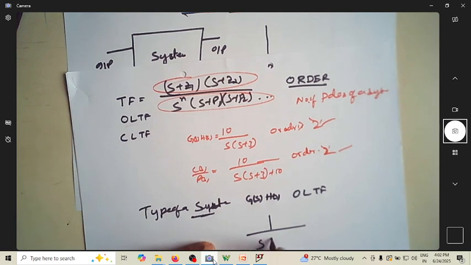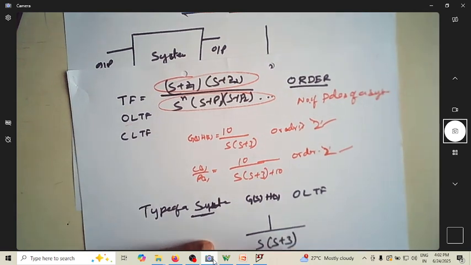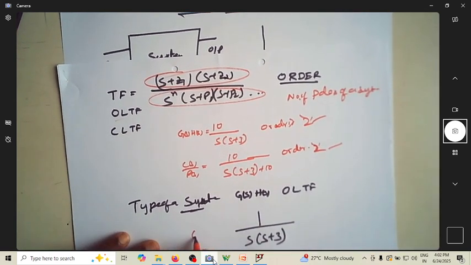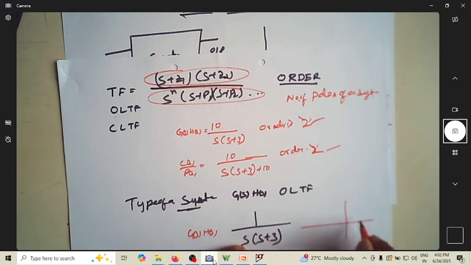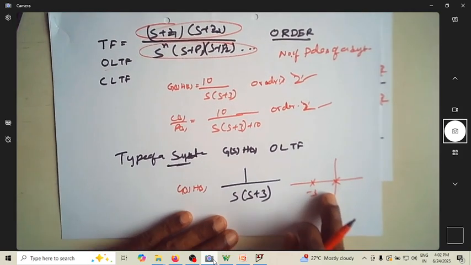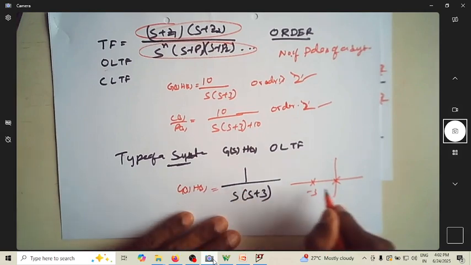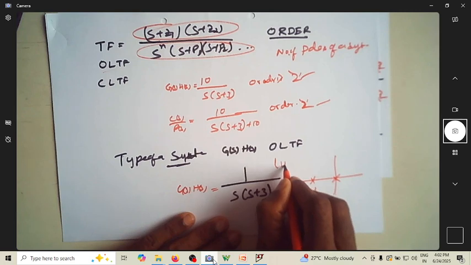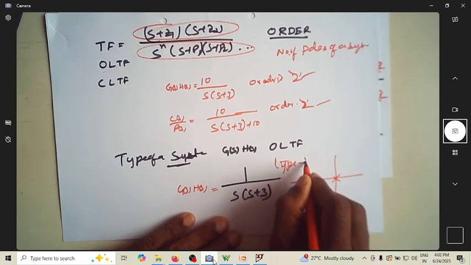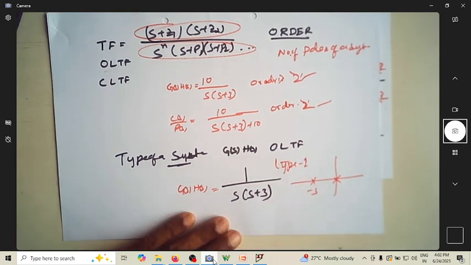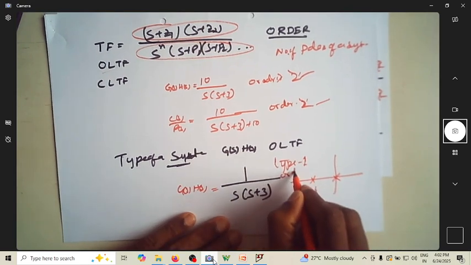Supposing that G(s)H(s) is 10 by s into s plus 3, how many open loop poles are there at the origin? It is 1. So it is type 1, but order 2.